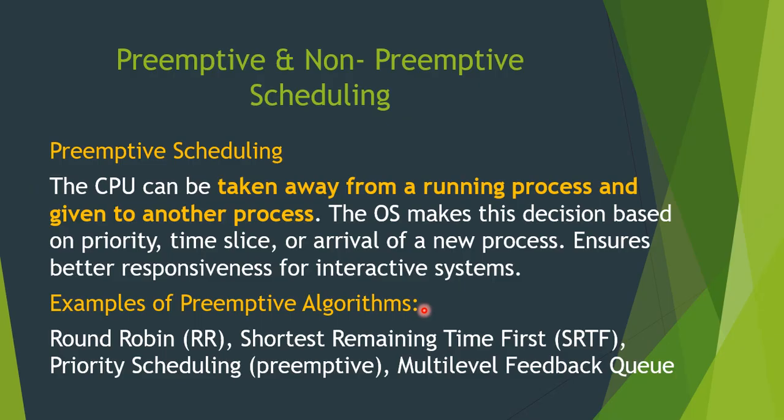There's no way this process can refuse. Eventually, the CPU will be given to the process which has a higher priority, and that one will take over. For instance, we have different examples of the scheduling algorithms that fall under this. We have what we call the round robin, the shortest remaining time first, priority scheduling, and others.